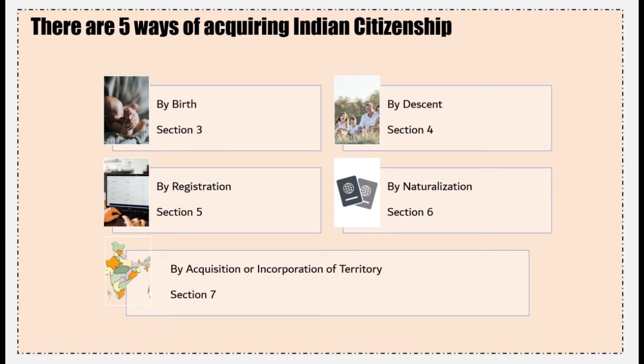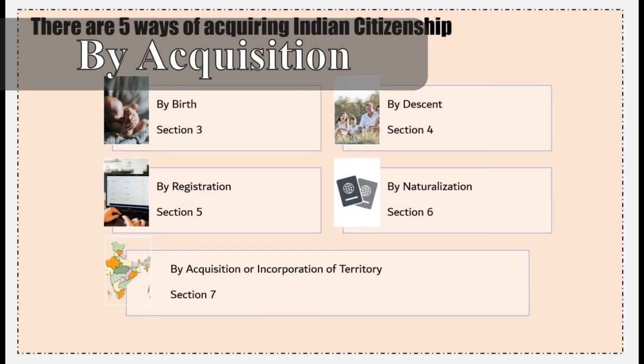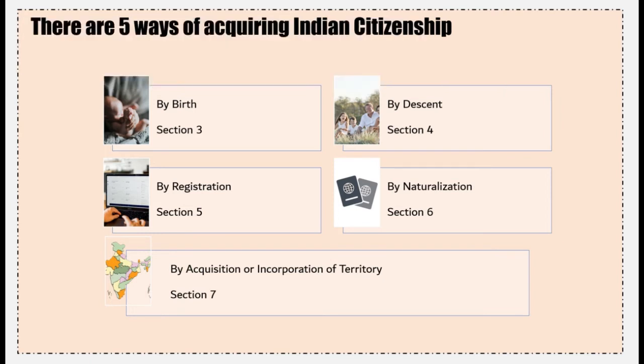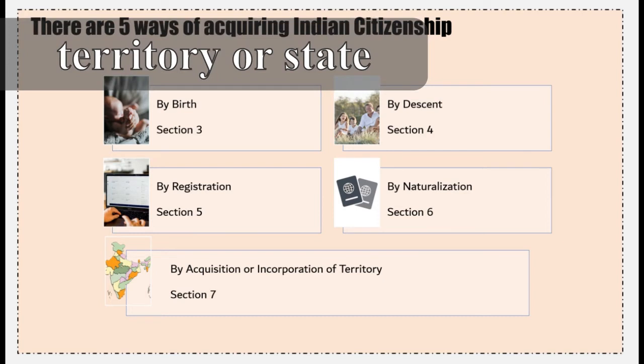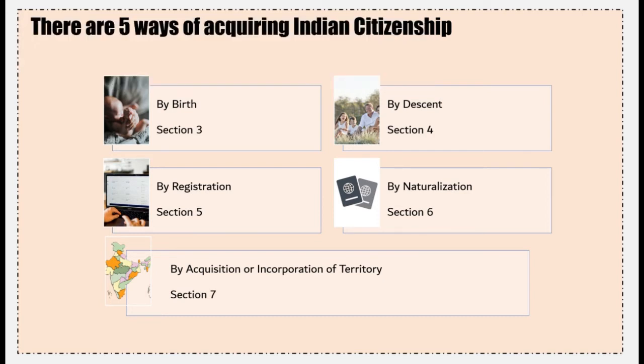Fifth, by addition or incorporation of territory, Section 7. If any foreign territory or state becomes a part of India, then the central government declares it as part of the Union of India by issuing a notification in the official gazette.